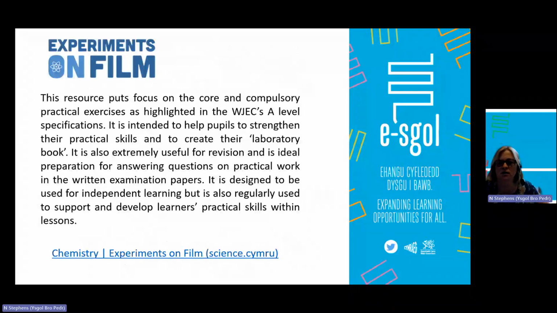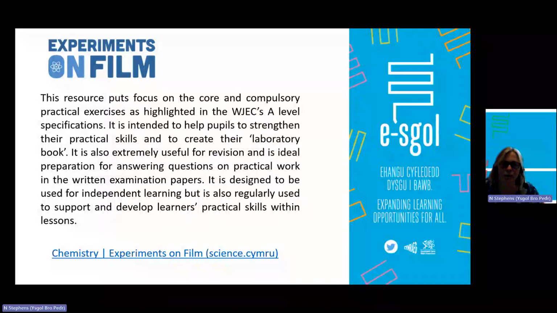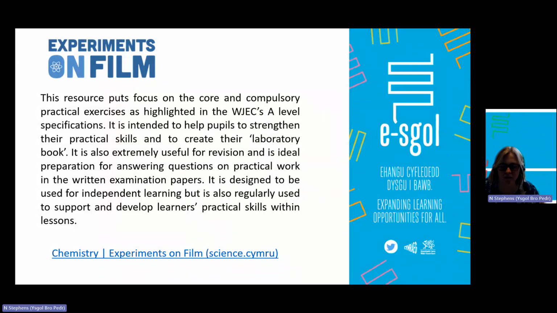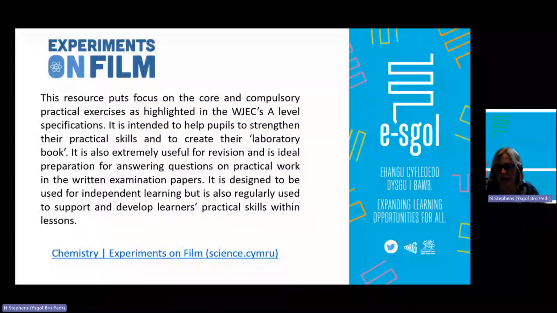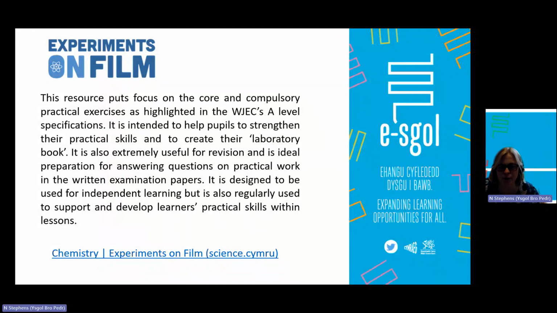I'm going to bring to your attention an invaluable resource, which I'm hoping you're all already highly familiar with, which is Experiments on Film. It's a resource that has focused on the core and compulsory practicals specified by the WJEC themselves. It is intended to help you as pupils to strengthen your confidence and your practical skills, and it is an invaluable resource in completing that laboratory book that you've been working on for the past 18 months.